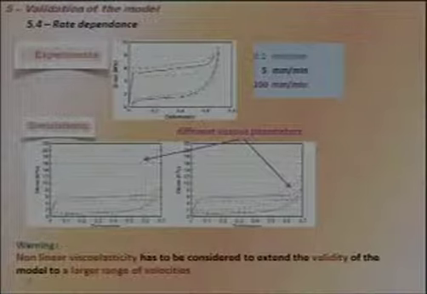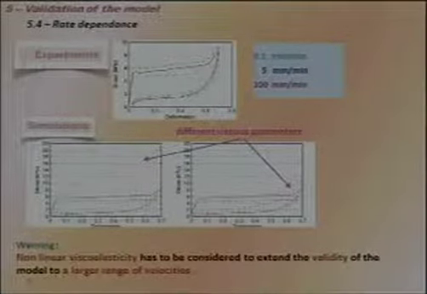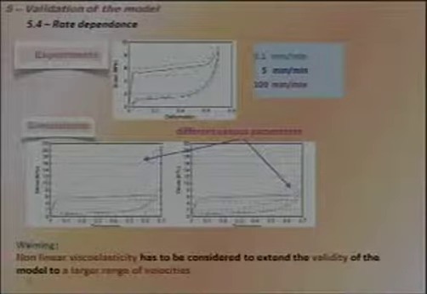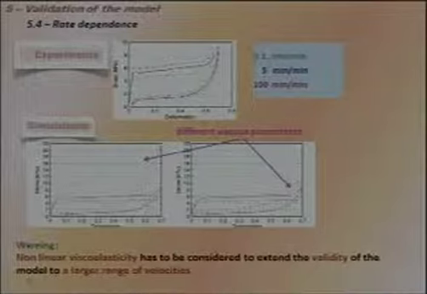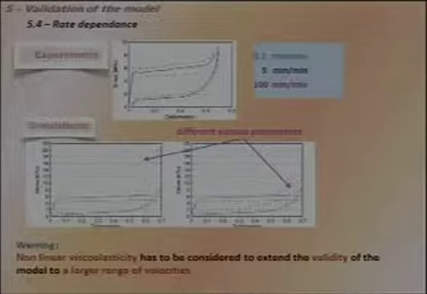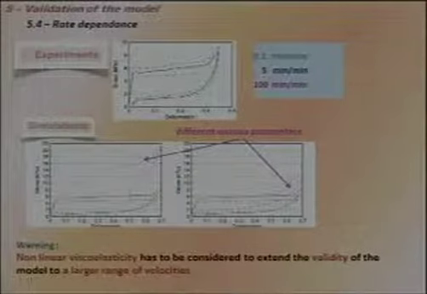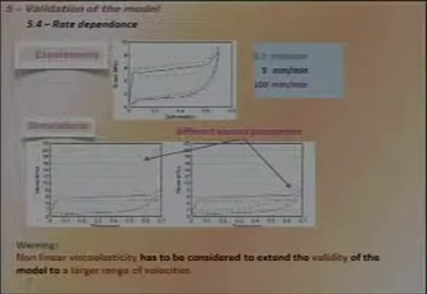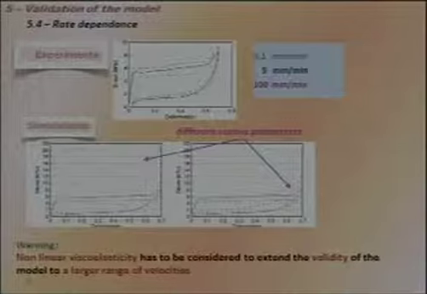That means that we are out of the domain of validity of the models, and to extend the validity of the models to a larger range of velocity, we should introduce nonlinear viscoelasticity. Why? Because if we do another identification of the viscous parameters, we can find right parameters of the viscosity which fit the experiment.